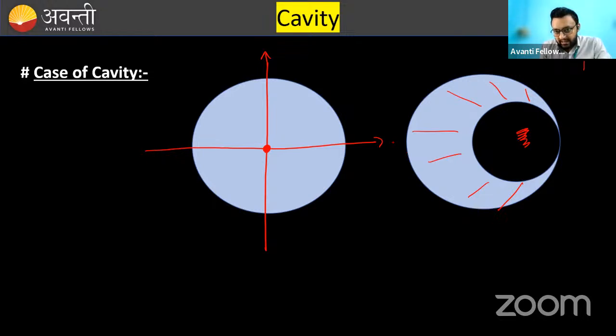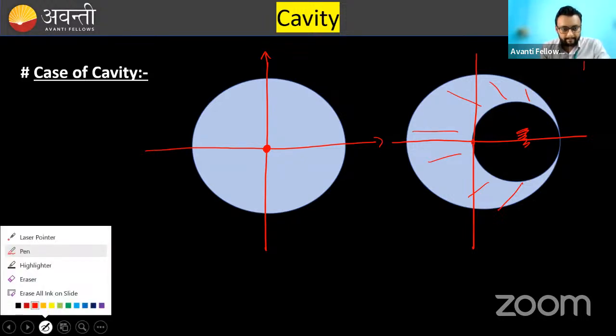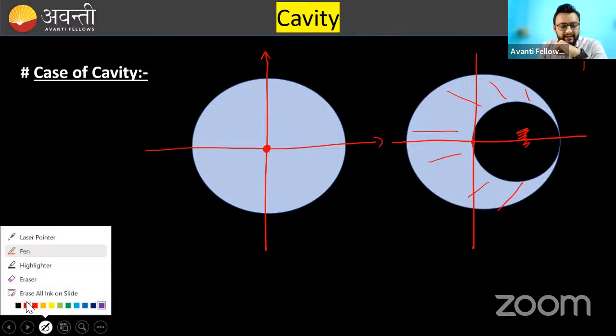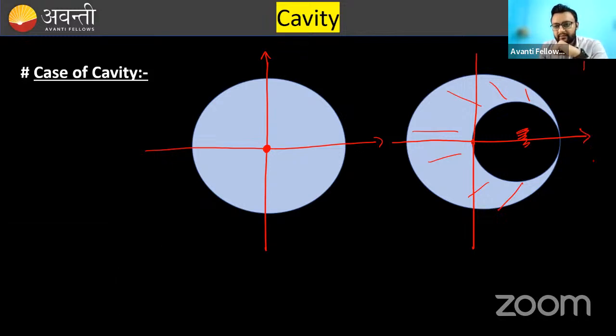Now, considering the same diagram, with this as our x-axis and this as our y-axis, if I ask you about which axis the diagram is symmetrical, x or y, can anyone answer in the chat box?